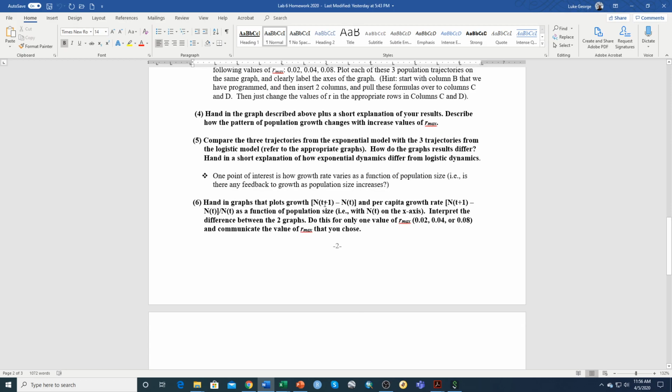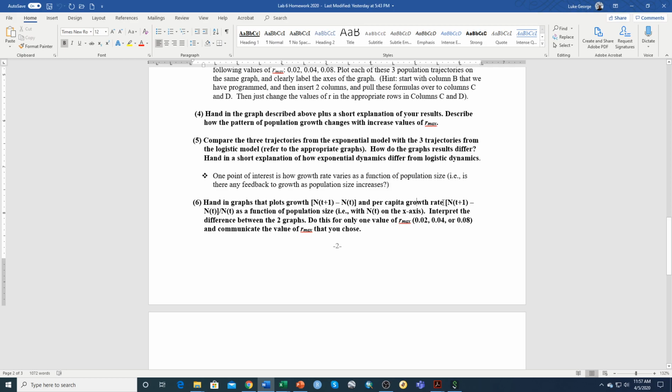Now we ask you to do some plots for n sub t plus 1 minus n sub t. Remember, that's just our delta n, the change in population size from one time step to the next. We talked a lot about this when we were talking about the harvest models and maximizing the rate of harvest from a population.